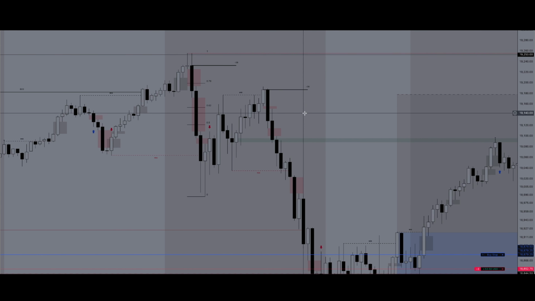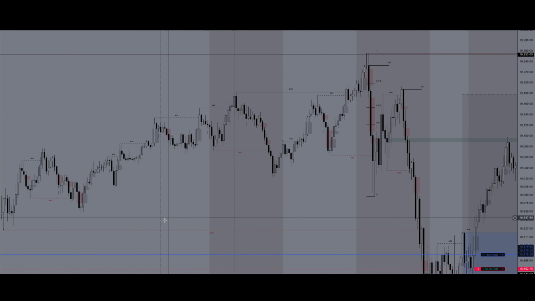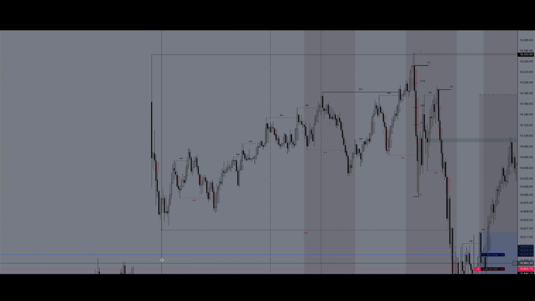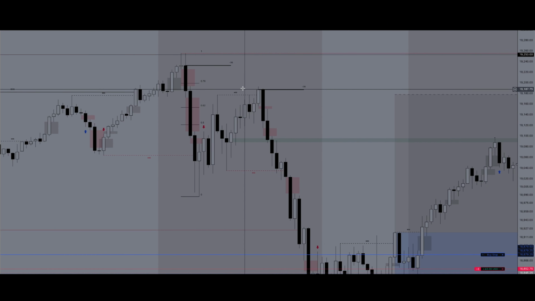And also you can notice here the breaker that was created by this market structure shift to the upside. In this case, if we were taking into consideration that we wanted to fill this gap here, we would want to take this market structure shift as another buy stop liquidity sweep and wait for price to give us more indication that we wanted to continue lower, which in this case was a market structure shift here.